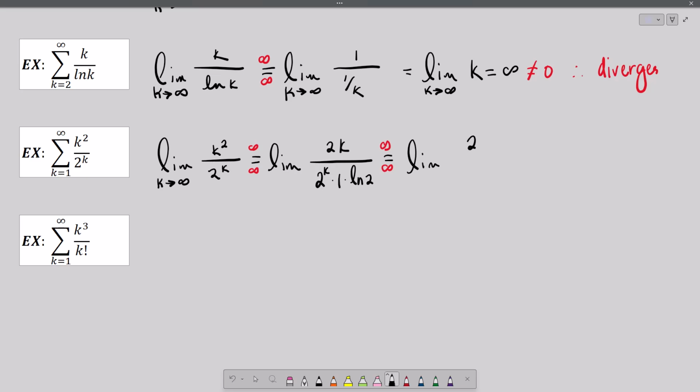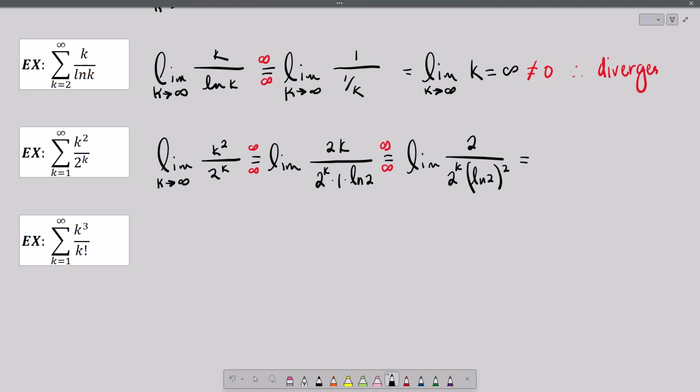We still have infinite over infinite. So now we're down to our second derivative. Down here, same thing. Derivative of an exponential is itself times the derivative of the exponent, which is still 1, times the natural log of the base. And so we get natural log of 2 quantity squared. Now we have a limit that is not indeterminate.